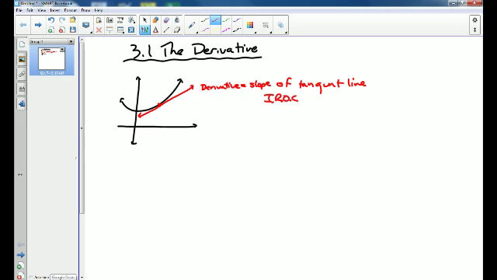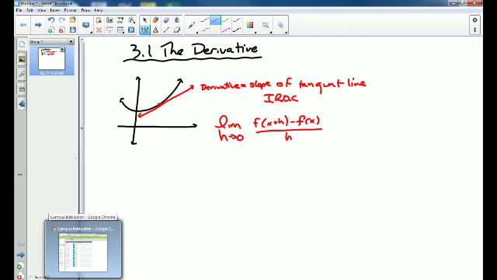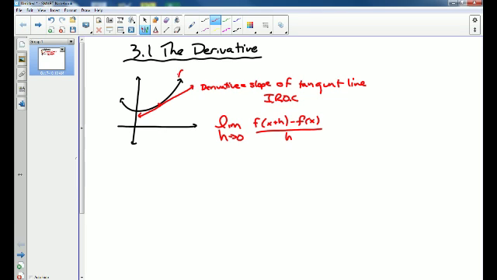So what was the definition we used yesterday? Anybody have it memorized yet? No. Didn't think so. It's the limit as h goes to 0 of f of x plus h minus f of x over h.